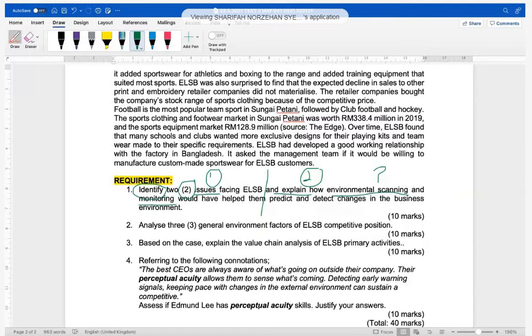If they do that, it would help them predict and detect changes in the business environment. So you are supposed to identify two issues, and after that you have to explain how this activity of scanning and monitoring the environment would have helped them predict and detect the changes.